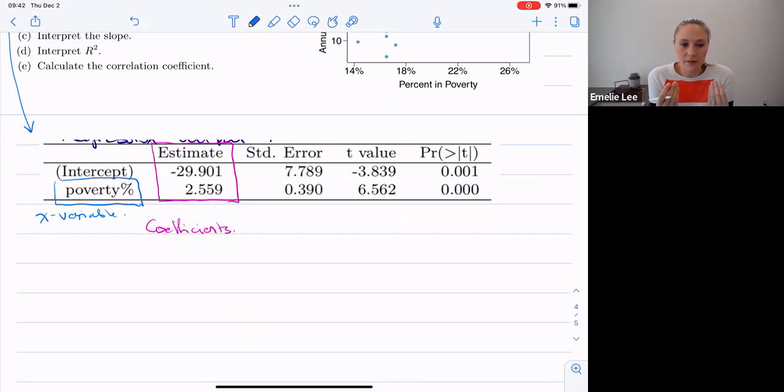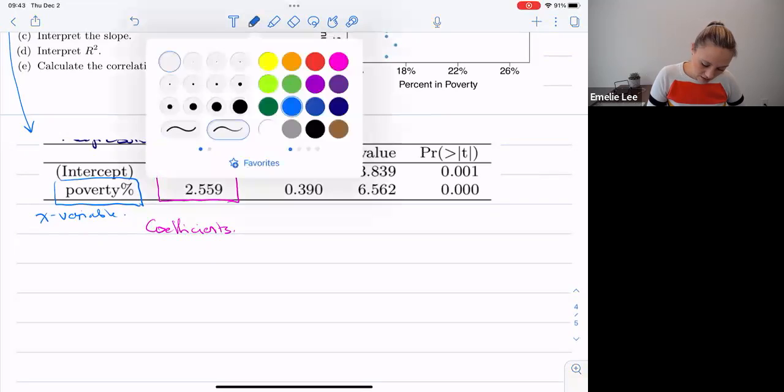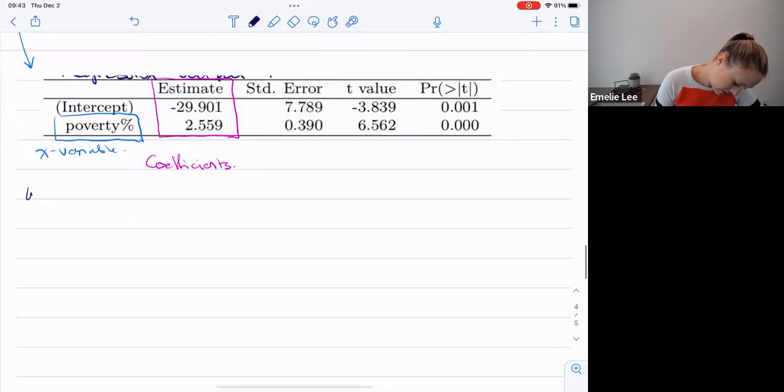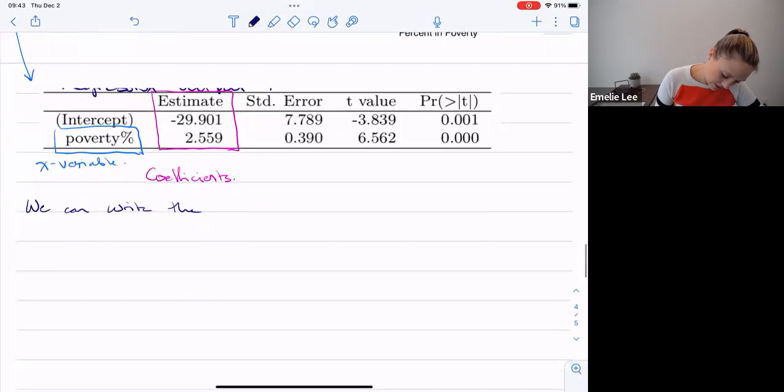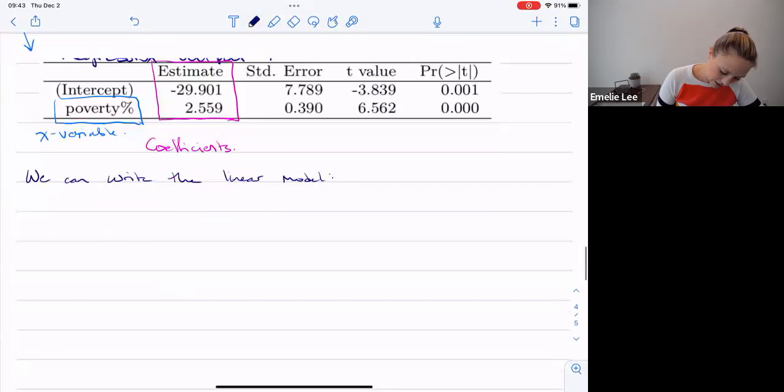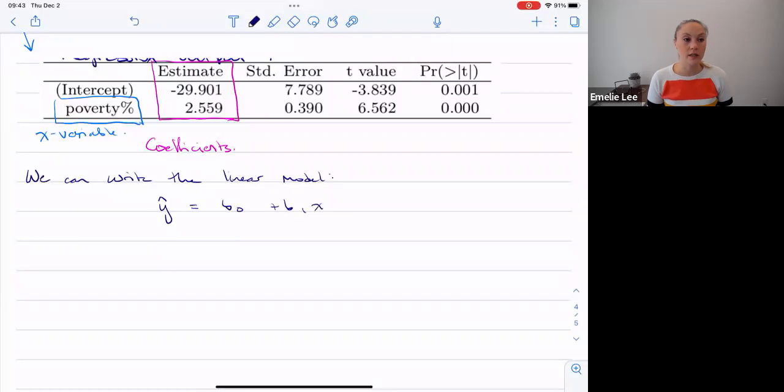So to build this model, what do we have? Well, we need an intercept and we need the slope. The slope is attached to the x variable. And so what we can do is read this output and write the linear model as y hat equals b0 plus b1x, just generically.